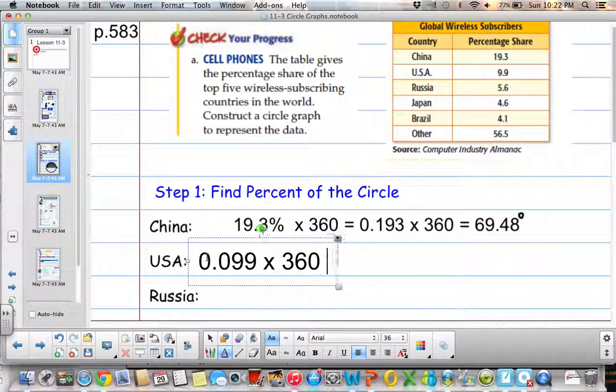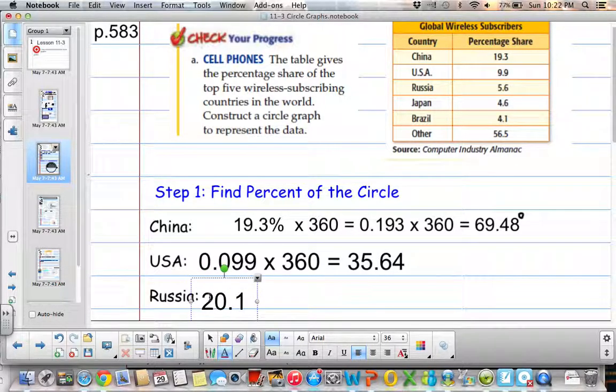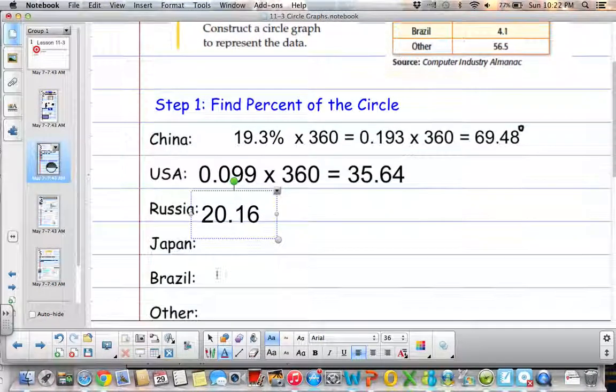Hopefully you caught my mistake there. 0.099 times 360, and we get 35.64 degrees. Russia would be 0.056 times 360, and you should have 20.16 degrees.